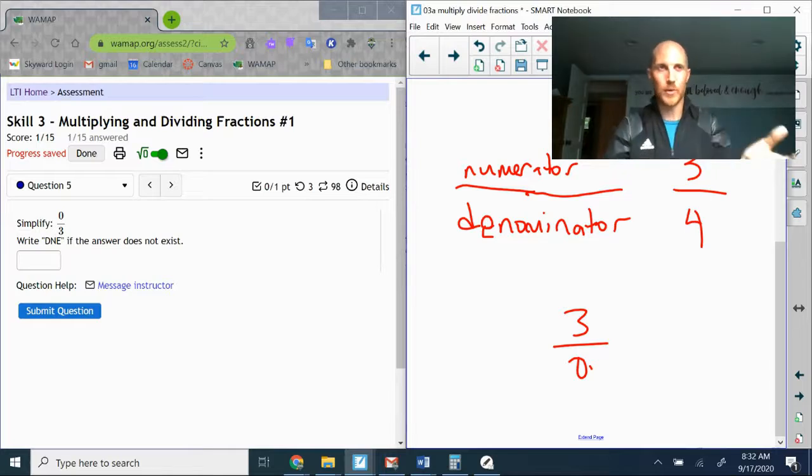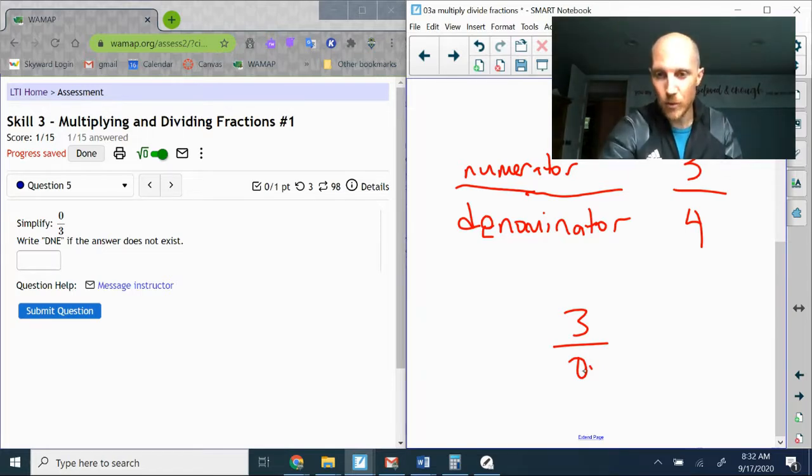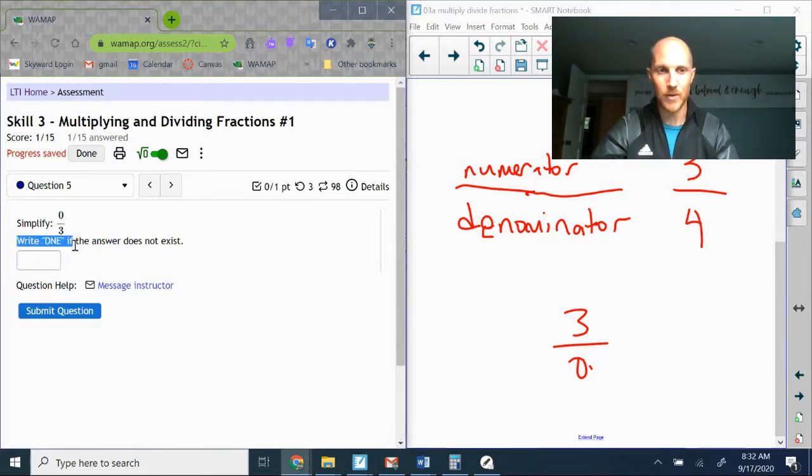If it takes 0 of something to create a whole, I don't even know what that means. I can't get my head around that. It's not possible, right? So anytime you have a 0 in the bottom of a fraction, that's mathematically impossible, and that answer does not exist. So we've got this little clue here. It says write DNE if the answer does not exist. Okay, so that's going to apply anytime I've got 0 as a denominator.